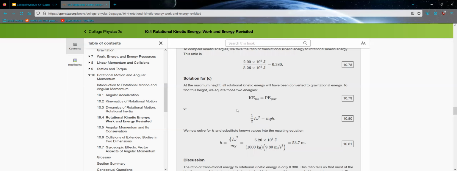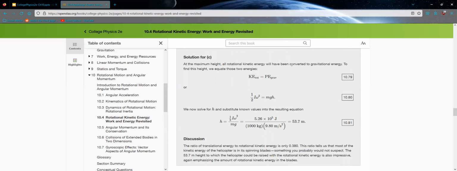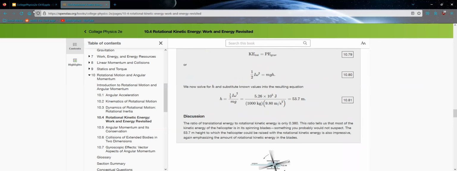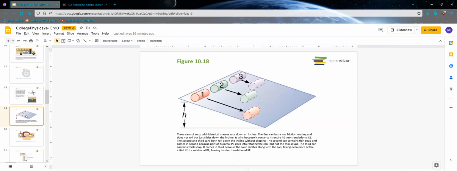Again, something that's not explicitly stated, but if you remember that potential energy has a height indicator, and gravitational potential particularly has a height given gravity, you can relate these numbers back together and find out that purely the helicopter's blades are giving you 53.7 meters of height given that rotational speed. So yeah, it's all about knowing your equations and solving them out.